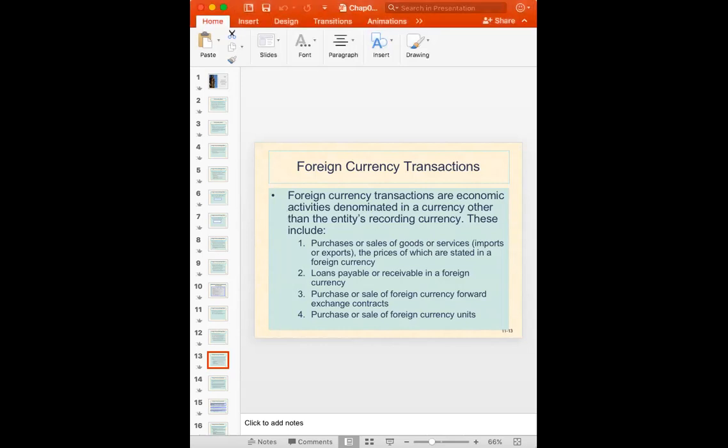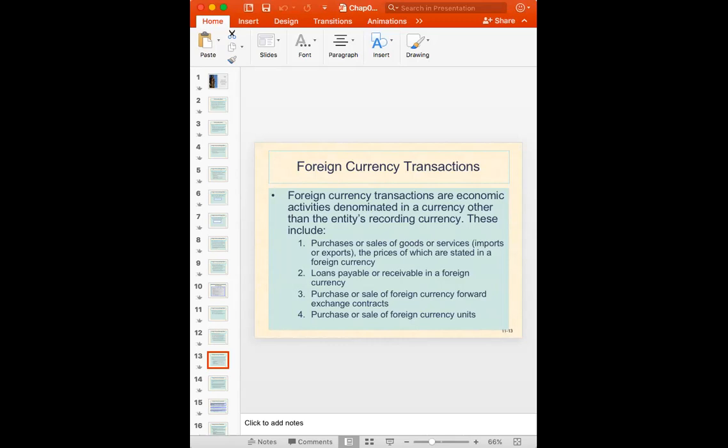This transaction includes, as shown in the slide, several types of transactions involving foreign currency. The first one is purchase or sales of goods or services, like import and export, the prices of which are stated in the foreign currency.